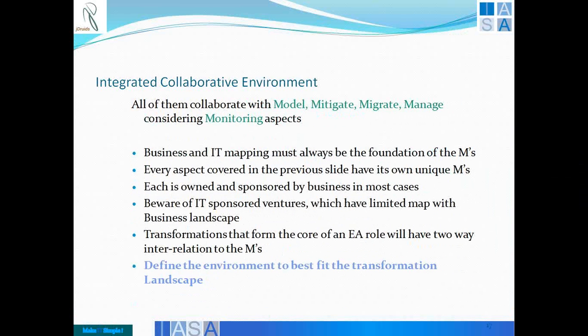Now the information that comes out of it, the need for integration there will have a two-way relationship. That's where the transformations happen, because you are moving from one environment to the other. So define the environment to best fit; the transformation landscape will make you successful.